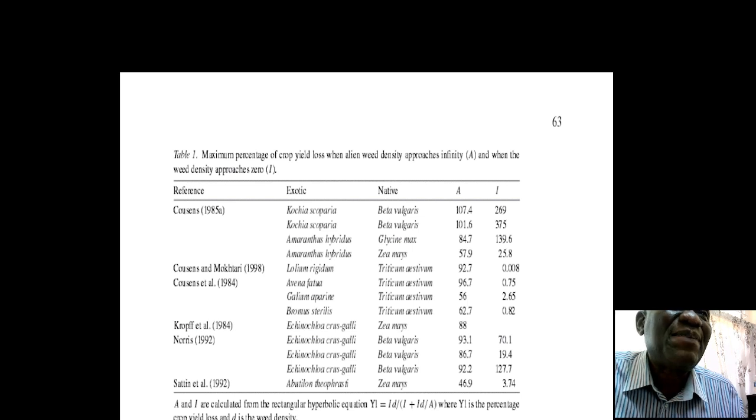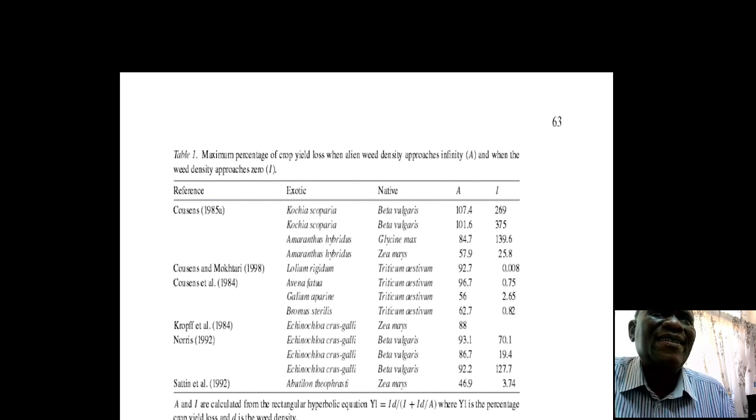Here I've got a table with various weeds and references. So you've got weeds and the crop. Now for each weed in a crop, we have got its A value at the top there, and I value also at the top.